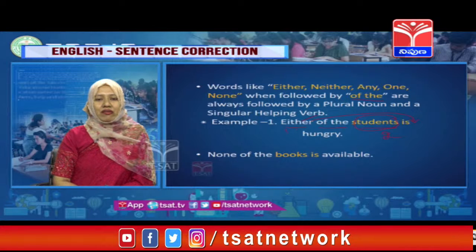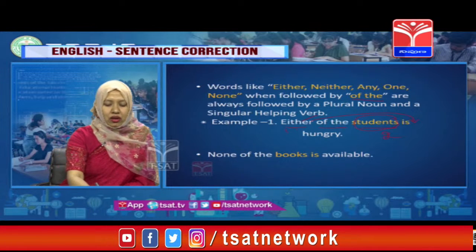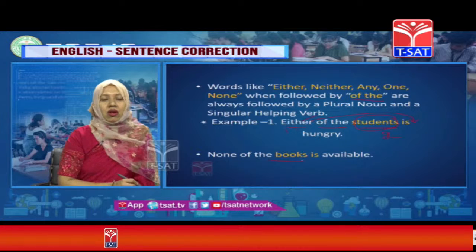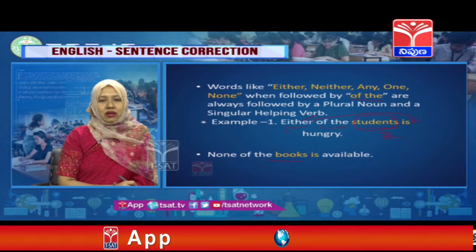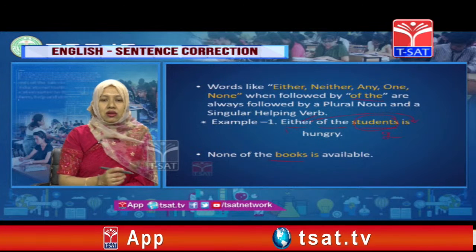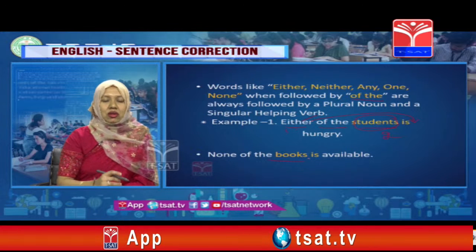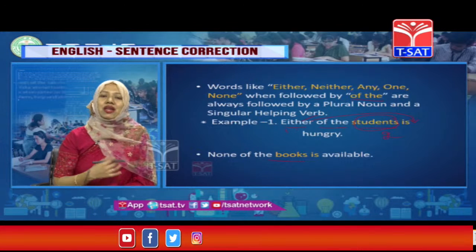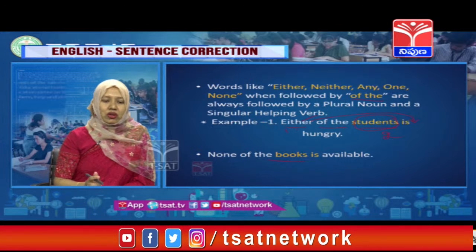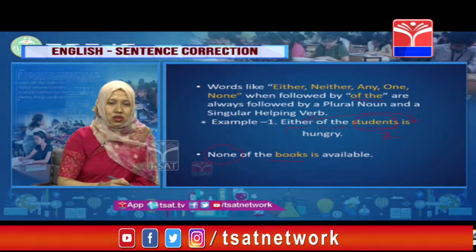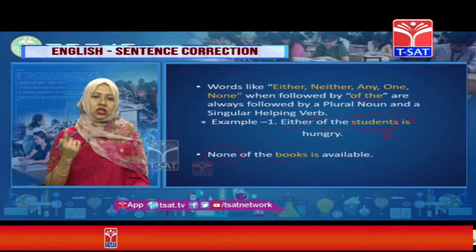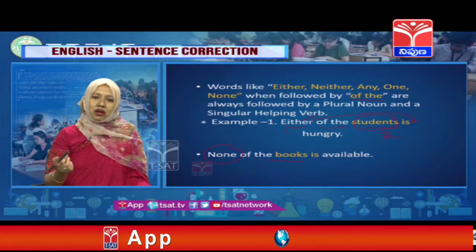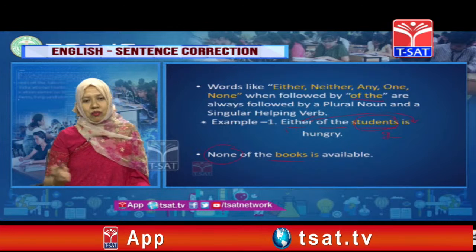None of the books is available. Now you have gone to the shop or library, and you wanted to purchase books. The books which you want to buy are not available. So how will you say none of the books? Out of many books, not even one book is available on the shelves in the library or in the shop.